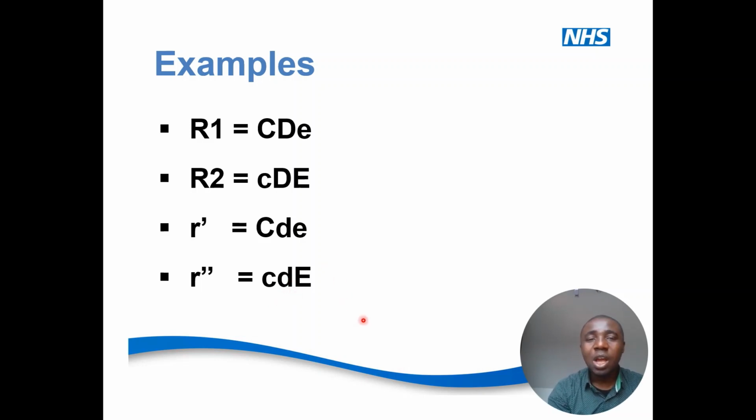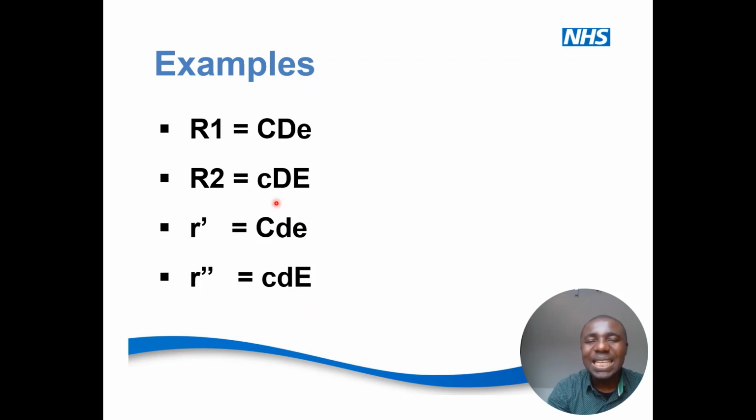So that's the formula. So what does this basically mean? If you look at this one, it means that this blood has little c antigen positive, it has big E antigen positive, it does not have D antigen.